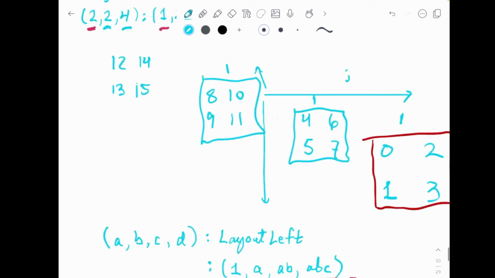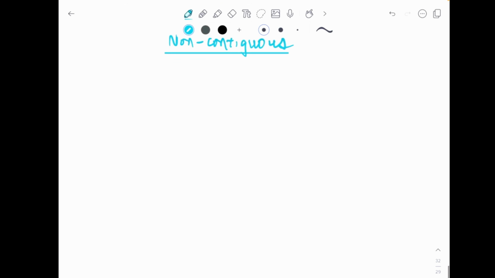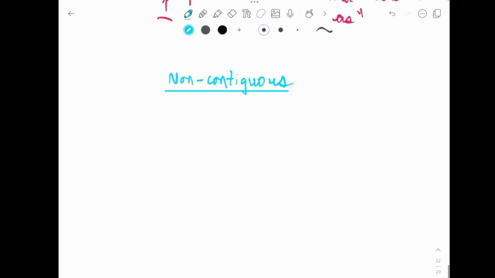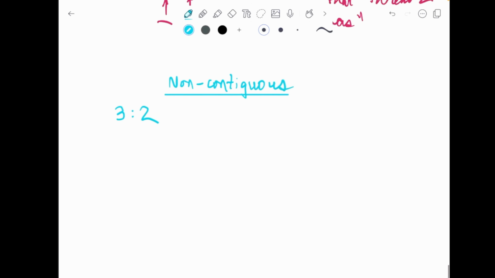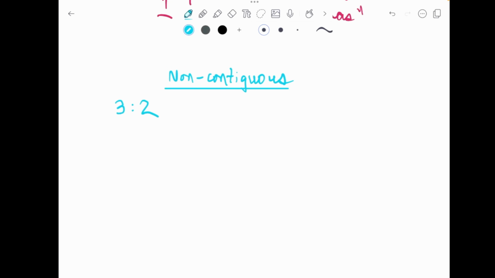So a very simple non-contiguous layout would be something like 3 column 2. If I draw out the I direction, it's a bit silly because there's only one direction, but it's just going to be 0 to 4.